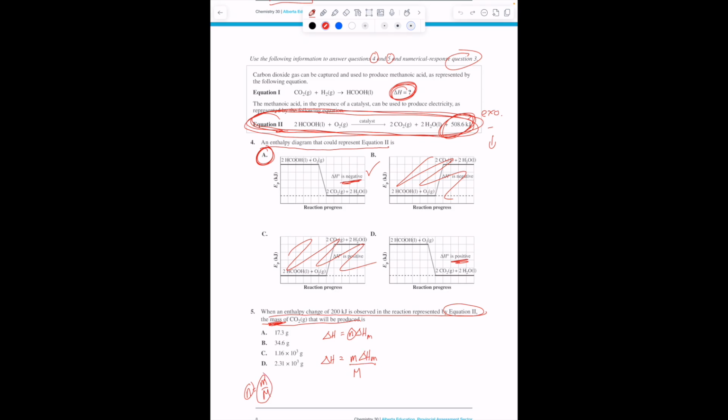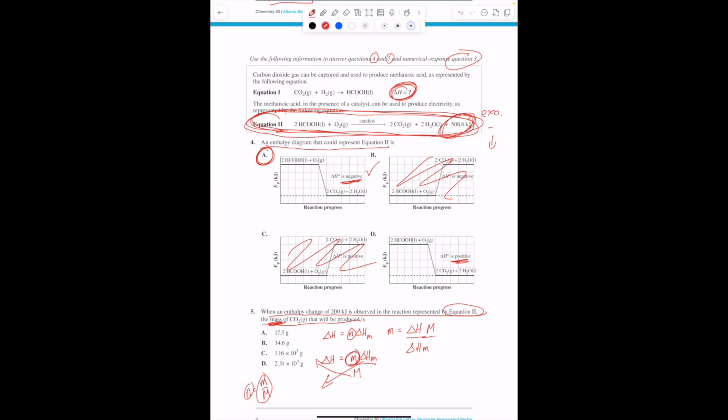Okay. All right. And then I want to solve for mass, which means molar mass has to come up here. Delta HM has to go on the bottom. So mass is equal to delta H divided by delta HM, and molar mass is on the top.